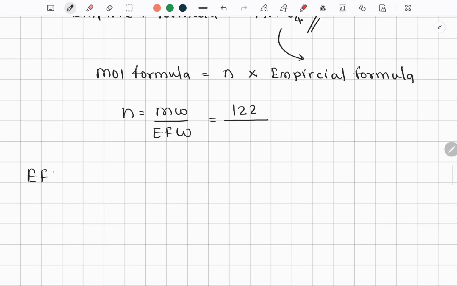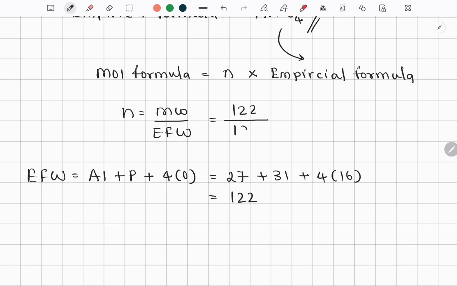So empirical formula weight would be equal to 1 aluminium plus 1 phosphorus plus 4 oxygen, which is 27 plus 31 plus 4 times 16. So the answer would be equal to 122. So 122 by 122, the answer would be 1.